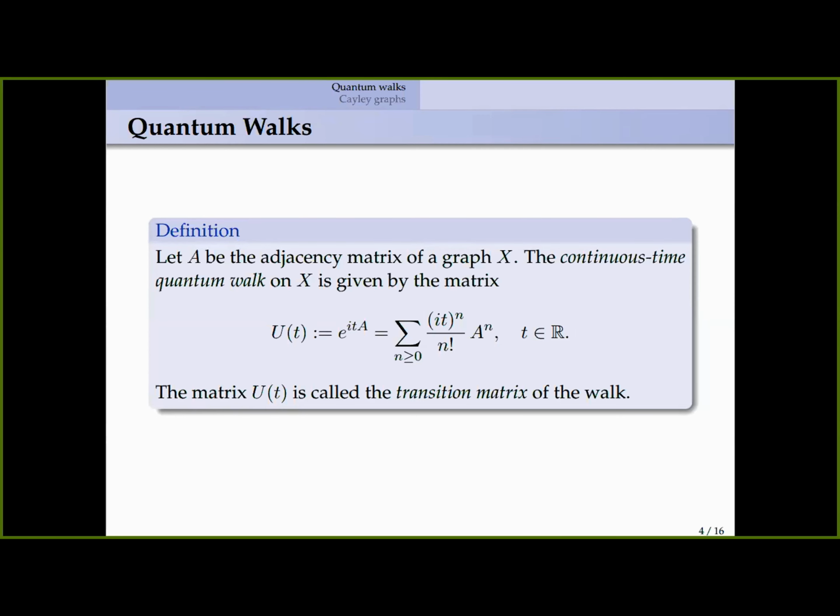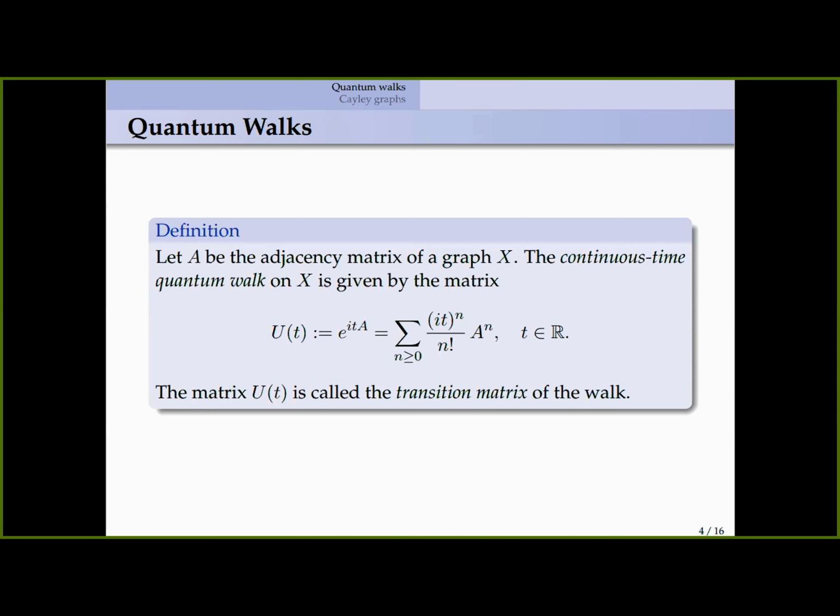The way we can think of this is that we have a walker who starts walking at a vertex U, and then she walks around the graph, and at time t, we want to know the probability of her being at a specific vertex. This is going to be the UV entry of the matrix. In this case, we don't get stochastic matrices, we get unitary matrices, and their entries are not probabilities, they are amplitudes. But we can think of it in a similar way.